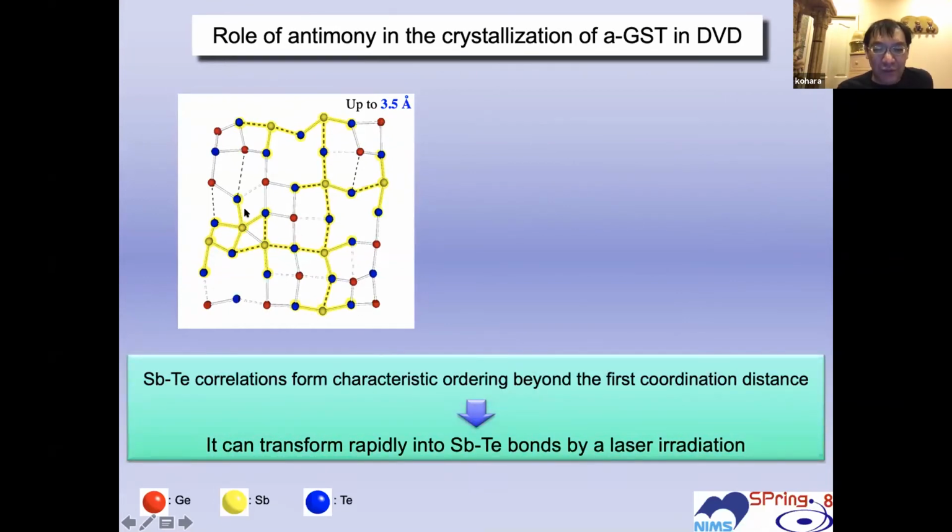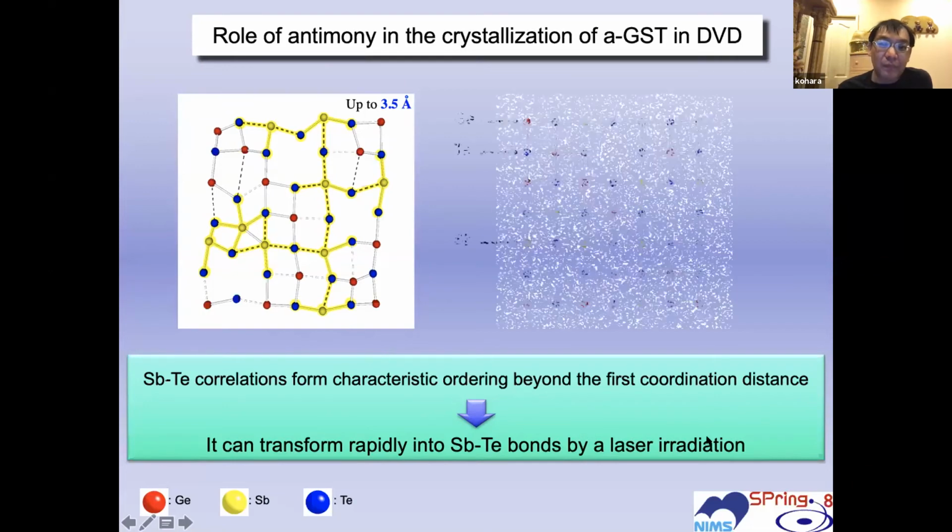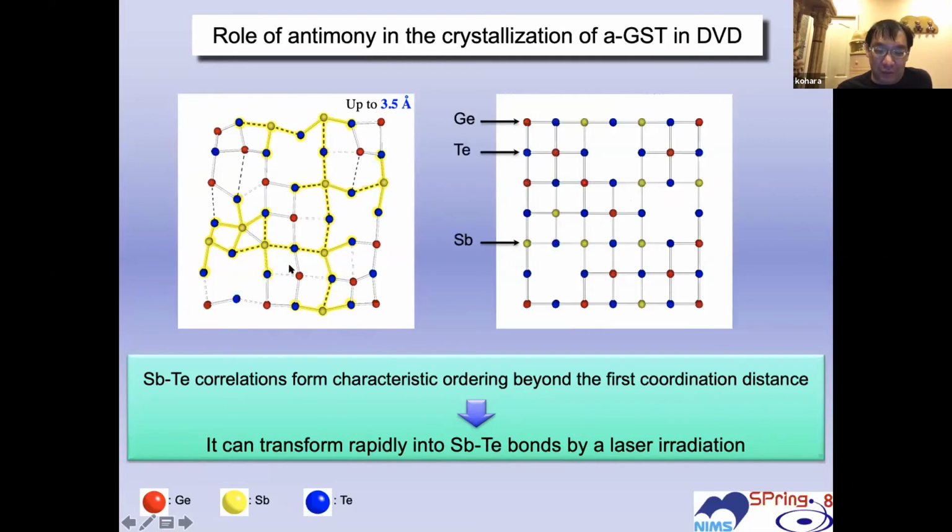This pseudo network makes it possible to transform rapidly into antimony tellurium bonds via laser irradiation. So it is a very rapid transformation from amorphous phase to crystalline phase.